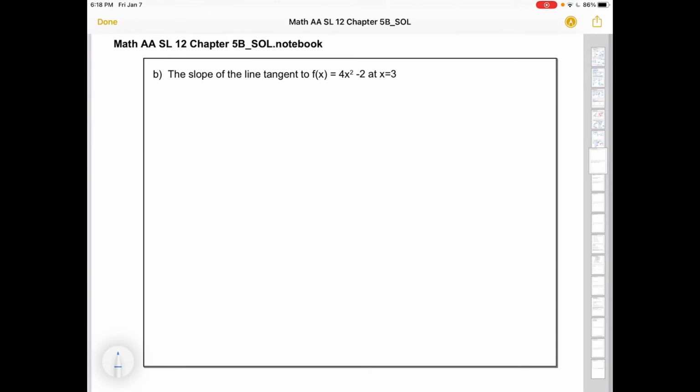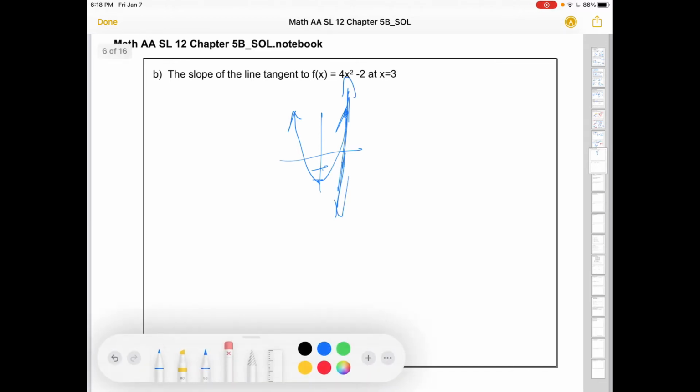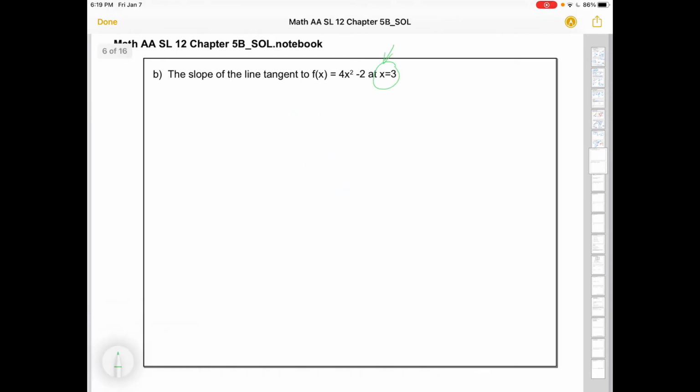So we want the slope of the line tangent to this curve. And we know that this curve looks like a parabola moved down to at x equals 3. If I draw it, I know it should be pretty steep, and it'll have a positive slope. So again, sort of our a value is whatever this is, if you want to call it an a value.